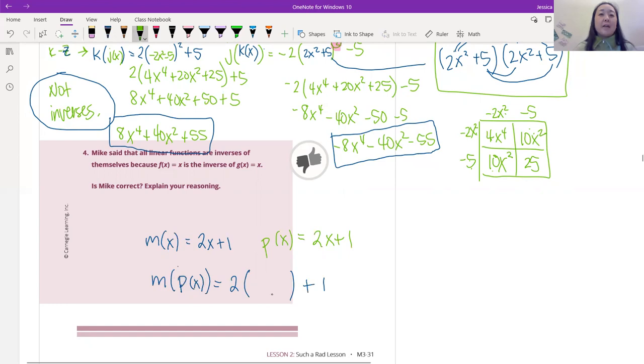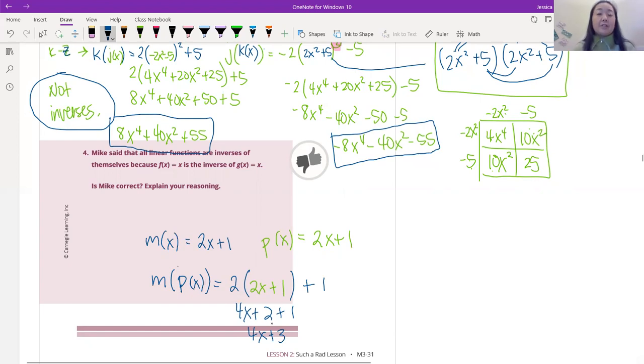And then instead of x, I'm going to put in 2x plus 1. And you can see, are we going to undo the multiplication? Yeah, no. So we're not going to be able to do that. This would just be 4x plus 2 plus 1, which is going to be 4x plus 3. So I don't even need to check the other one because you can see right here, not an inverse.